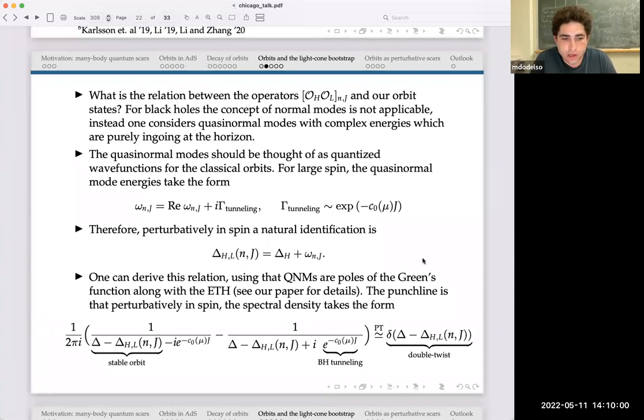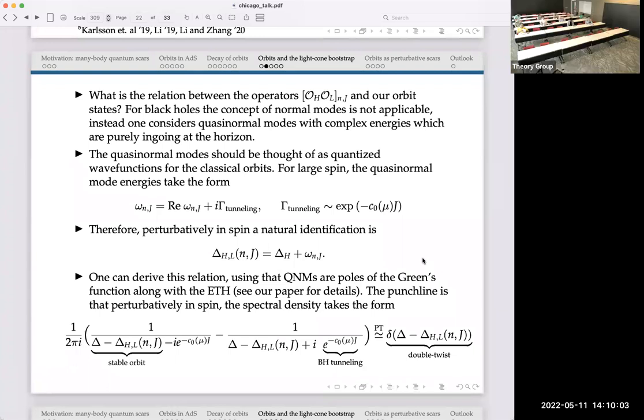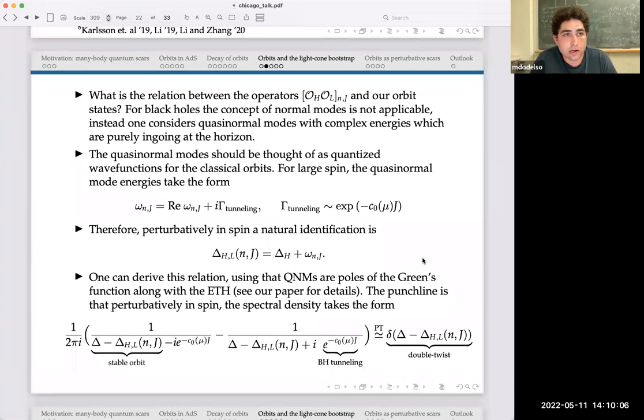So it's possible to derive this relation, and you can do that using the fact that quasi-normal modes are poles of the Wightman function, along with the ETH ansatz for 3-point functions. I can't get into the details of that, but you can see our paper to see how we did that. But the punchline is that if we work perturbatively in spin, the spectral density takes the following form. We have a pair of quasi-normal modes here, and they're complex conjugates.